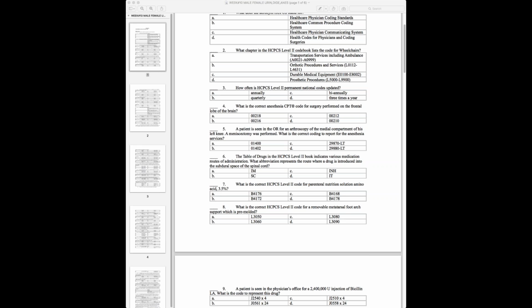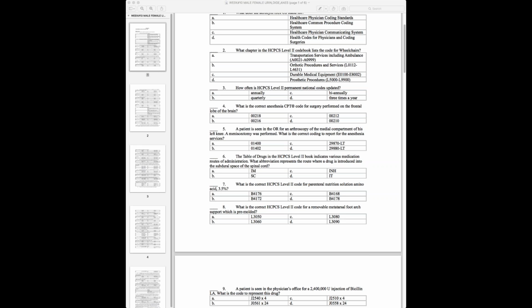Okay, number 31. Let's see what's going on with 31. Patient presents for a penile prosthesis replacement through an infected field.